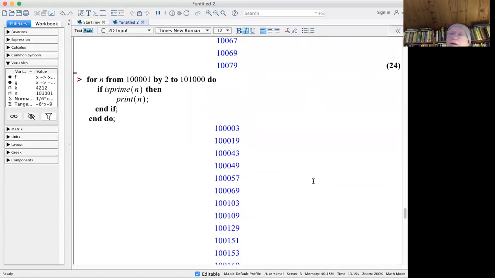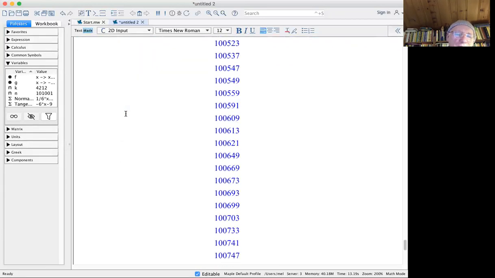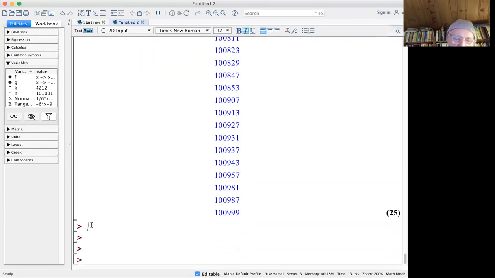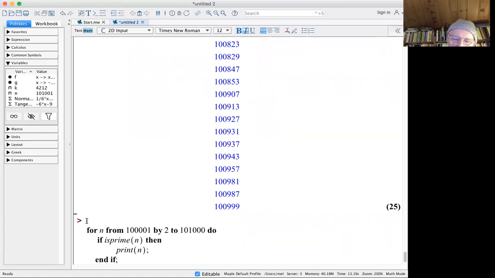Suppose I want to know how many there are. Then I want to modify this program so I count them. So what's a way to do that? I need to introduce a counting variable. It can be anything. I'll call it L. And I'll start out by giving L the value 0. L equals 0. And now, this is what I want to do.